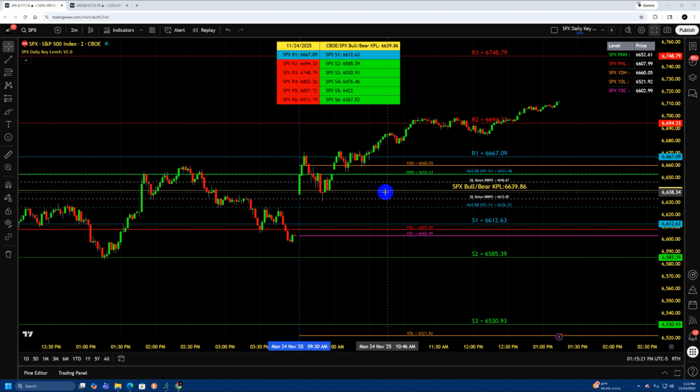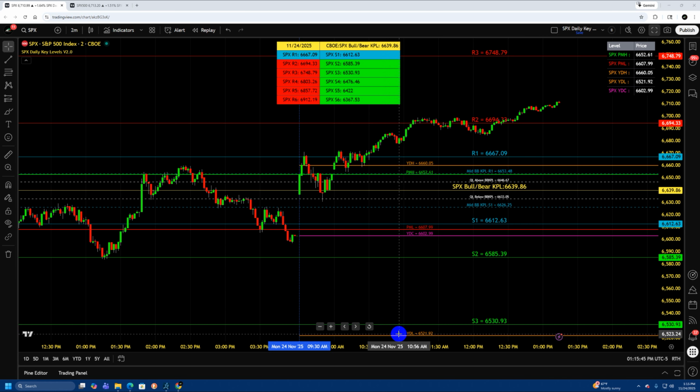Or conversely on the downside, since we have PML close to YDC, and these levels are still close to the S1 level below the bull bear key price level, price is going to also have to break through not only the pre-market low, but also the YDC level for there to be a significant move to the downside.